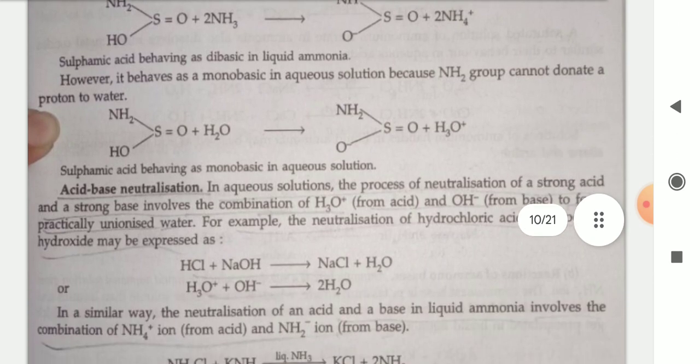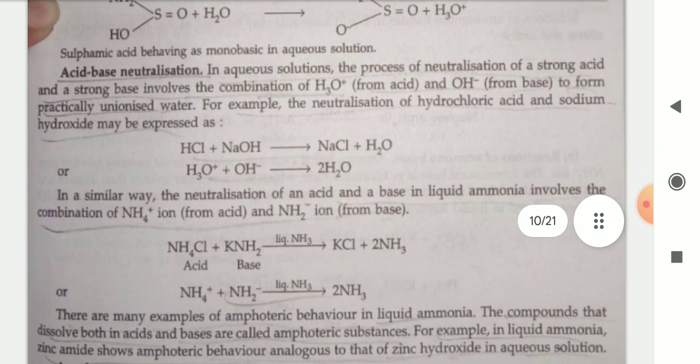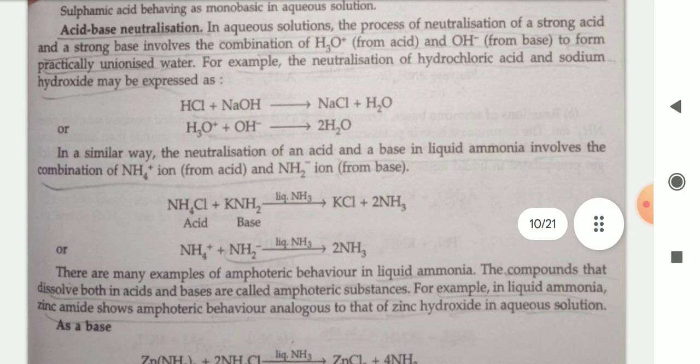Acid-base neutralization. In aqueous solution, the process of neutralization of a strong acid and a strong base involves the combination of H3O positive from the acid and OH negative from the base to form practically unionized water. For example, neutralization of hydrochloric acid and sodium hydroxide gives NaCl plus water, or H3O positive plus OH negative forming two molecules of water.